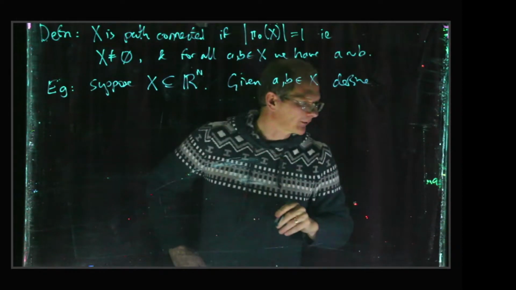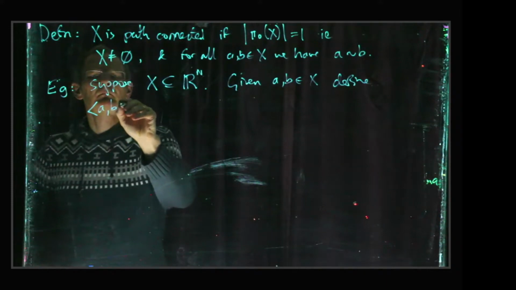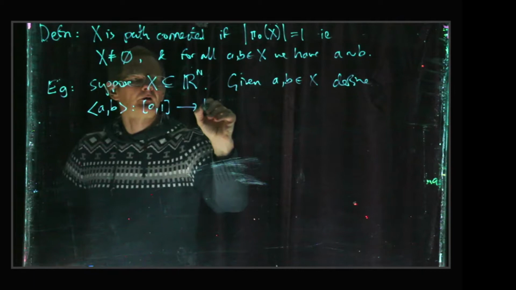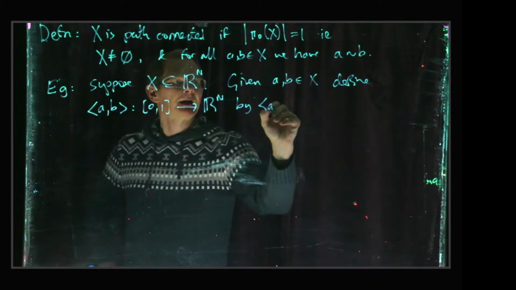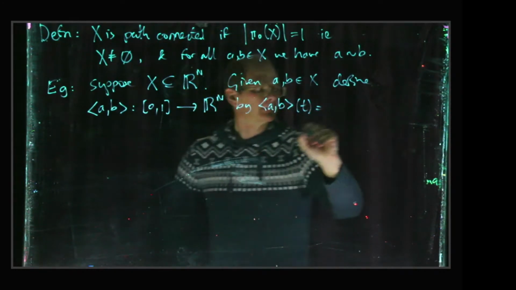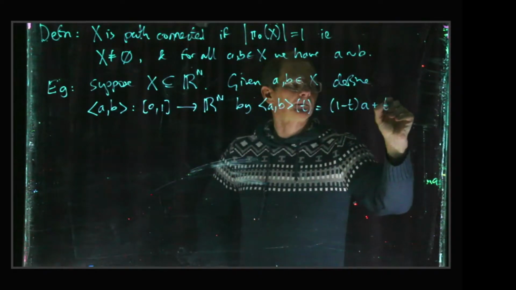So now if I've got a pair of points, I'm going to define a map, pointy bracket AB, from the unit interval to R^n by pointy bracket AB of t is going to be (1 minus t) times A plus t times B.